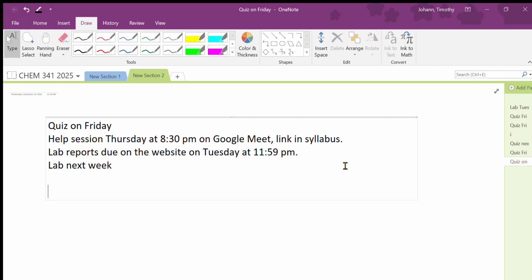So last lecture, we talked about pKa's at the end of lecture, right? So we have this magic thing called a pKa. It's the negative log of the Ka. And so when the pKa equals the pH, what does that tell us?